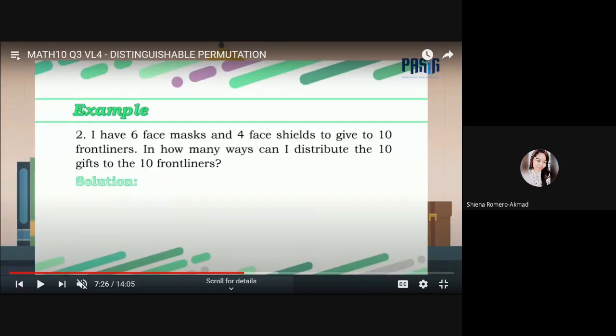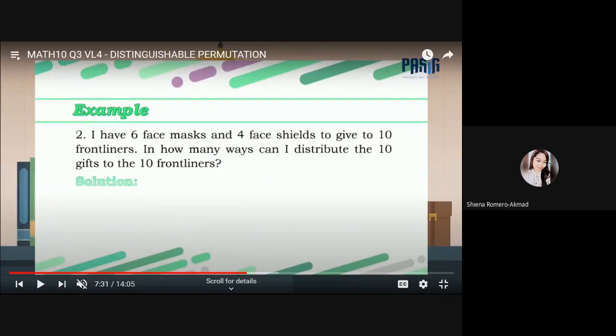I have here 6 face masks and 4 face shields to give to 10 frontliners. In how many ways can I distribute the 10 gifts to the 10 frontliners? Remember that the face masks are all the same in appearance, same as the face shields. So, it is a distinguishable permutation because there are objects that are the same.